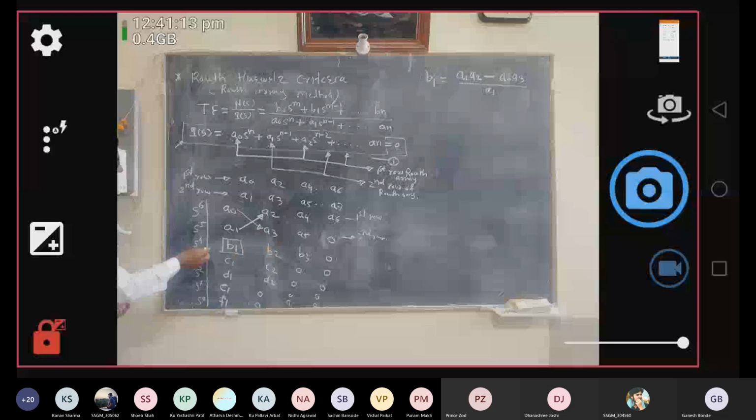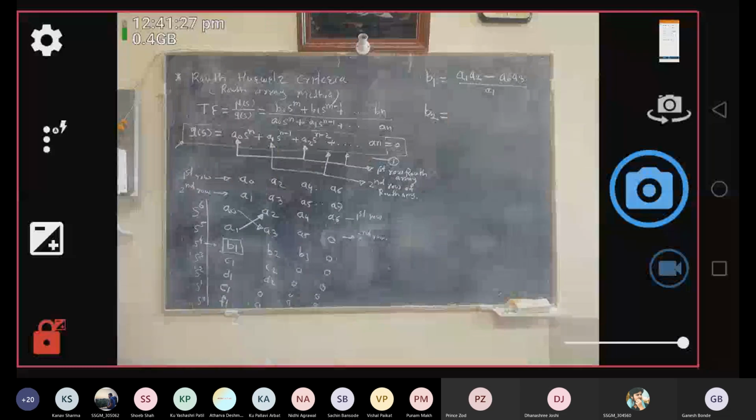ओके, देन सिमिलरली while finding out b2, so can you tell me the formula of b2? B2 कैसे आएगा? Yes, anybody?